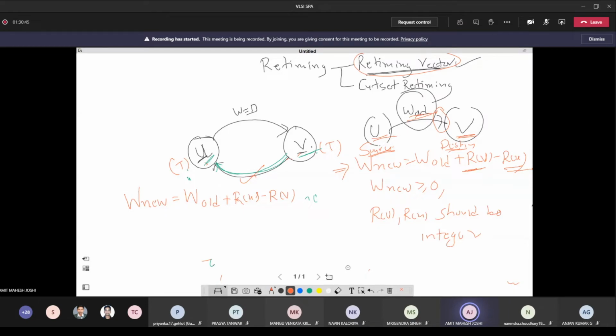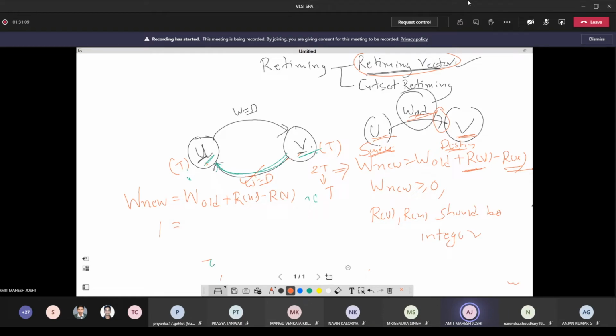If I want to reduce twice t to t, what do I need to ensure? I need to put a delay element over here. So that means I am interested in W new, and I want to make W new 1.